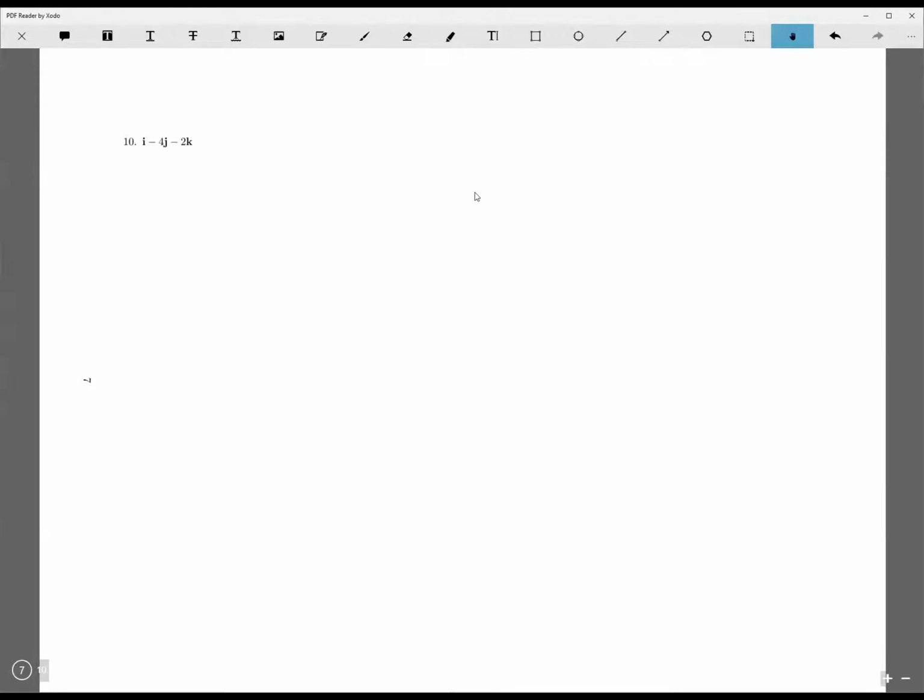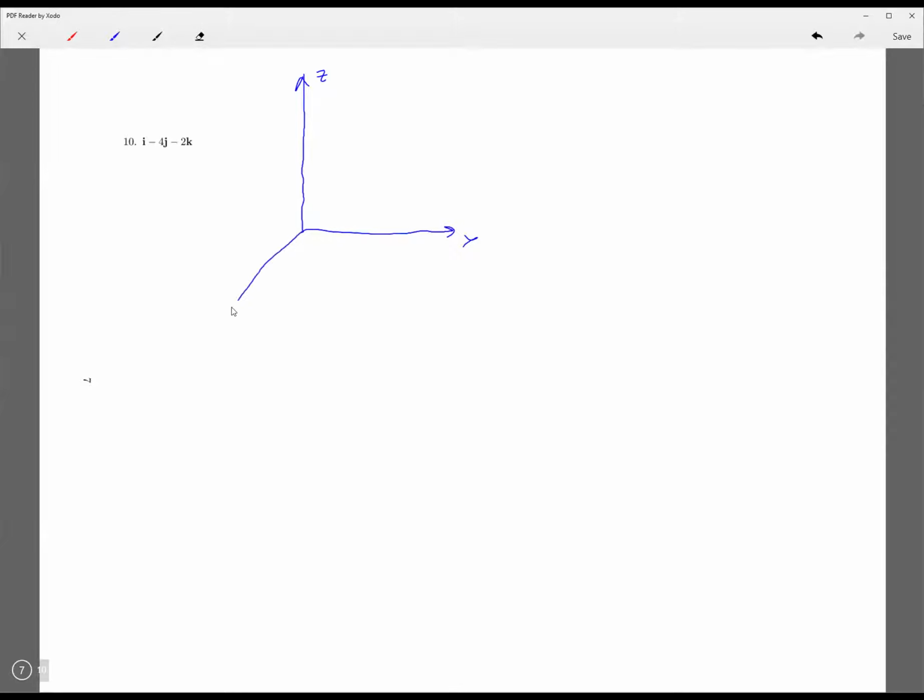Okay, so what that means is this. So let me draw the axes here. This is the z-axis, the y-axis, and here's the x-axis coming out right here, right? So you have 1 along the x-axis, because that's i, and then minus 4j, so that's minus 4 along the y-axis.